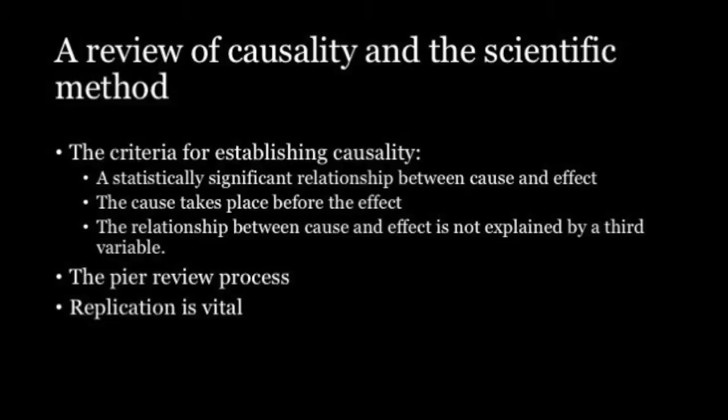But for the purposes of this class, I want you to understand that in order to have proof that an intervention causes some outcome, it has to be established that there was a statistical relationship between the intervention and the change or the outcome, and that the change came after the intervention was put, and that there is no other variable that may explain this change.